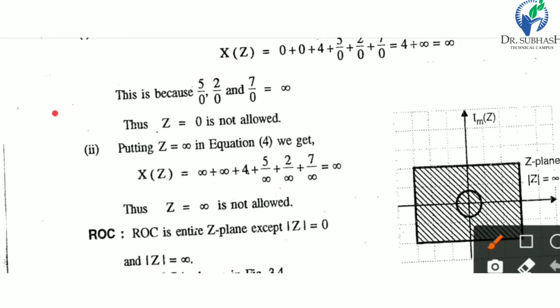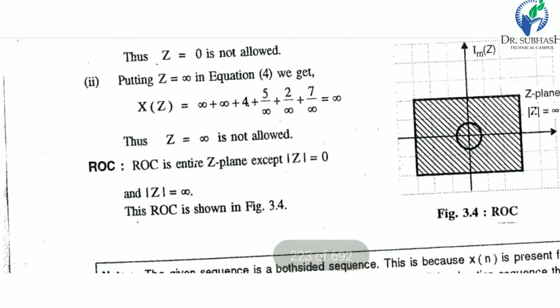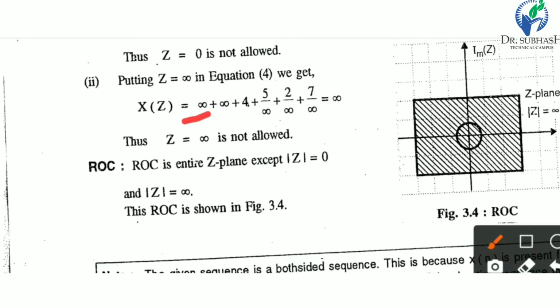So ROC is not allowed when we get infinity. There must be some finite value. So z equal to 0 is not allowed in this case. Now putting z equal to infinity in the equation, x of z becomes infinity square plus infinity plus 4, 5 by infinity, 2 by infinity, 7 by infinity.